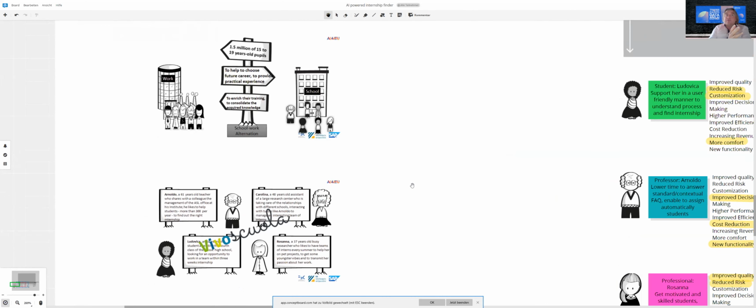The goal, obviously, is to open students to businesses, so that they better understand what they have to do, better apply what they are learning, and also try to figure out what they want to do in the future.